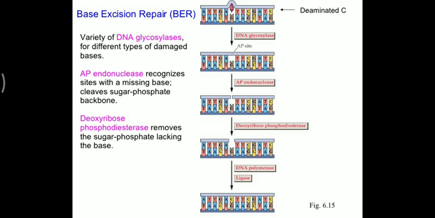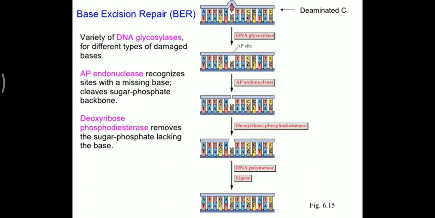The cutting or cleaving of the segment which is mutated, that is deaminated, is done by AP endonuclease. The AP endonuclease cleaves the sugar phosphate backbone at sites with a missing base, breaking down the sugar phosphate backbone present in the DNA structure.